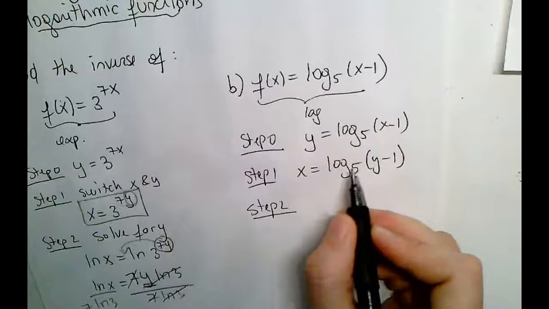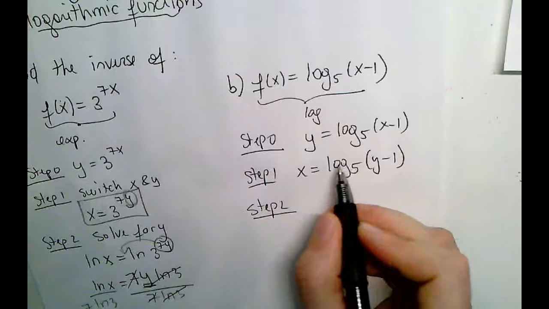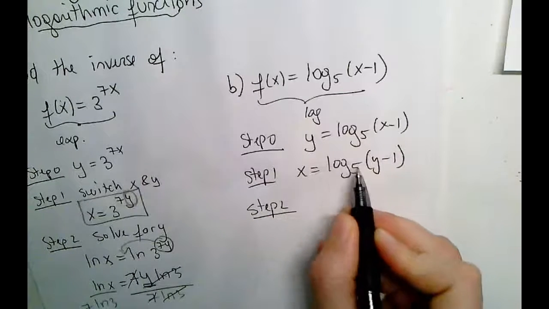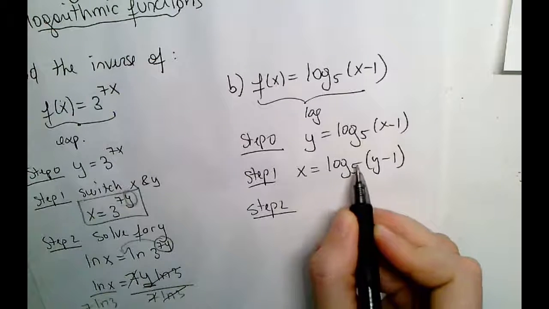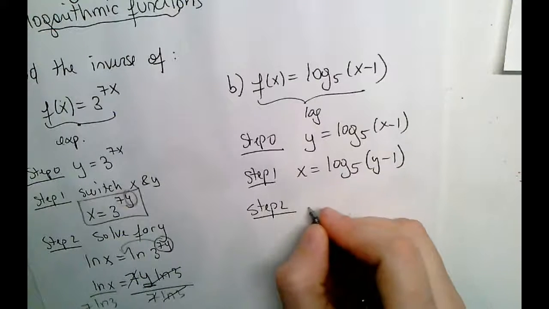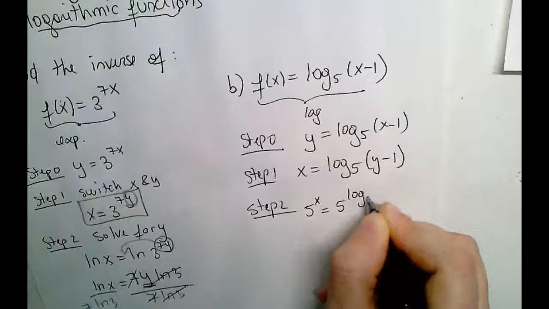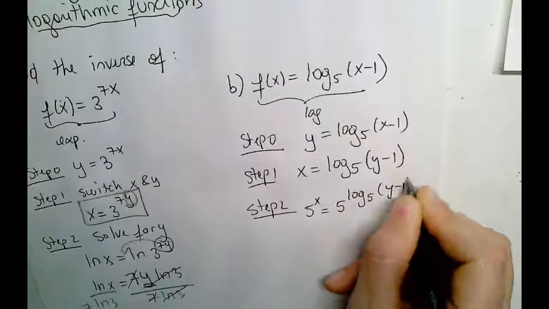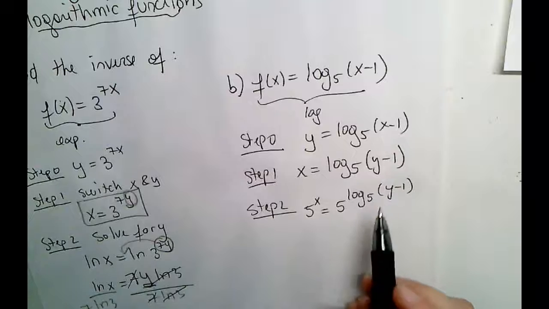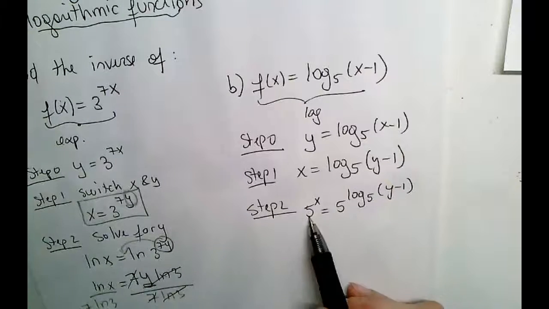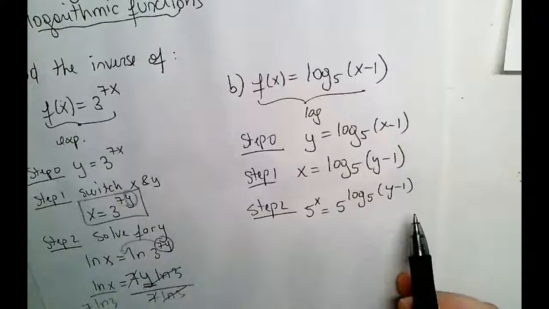So y is underneath a log, so how can I undo log? Well, I have to exponentiate both sides by the base of the log, so I'm going to do 5 to the power x equals 5 to the power log base 5 of y minus 1. Just like we can divide both sides by 5, or multiply both sides by 5, we can also exponentiate with base 5 both sides.